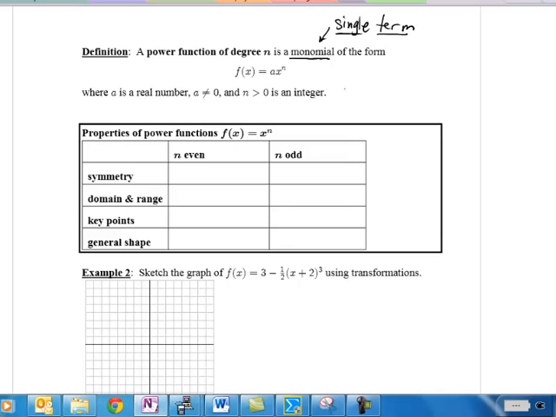Any real number that's not 0. So, for example, f of x equals 2x cubed, or f of x equals -4x to the 6th. Those are called power functions.